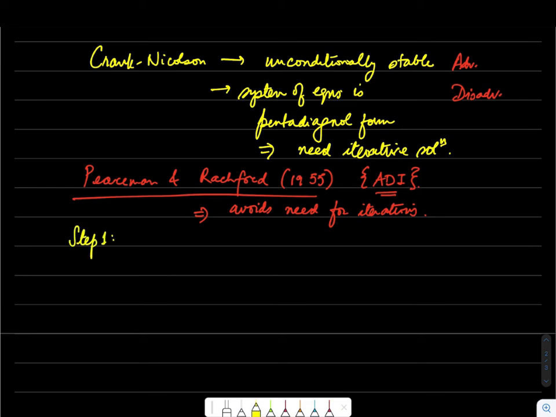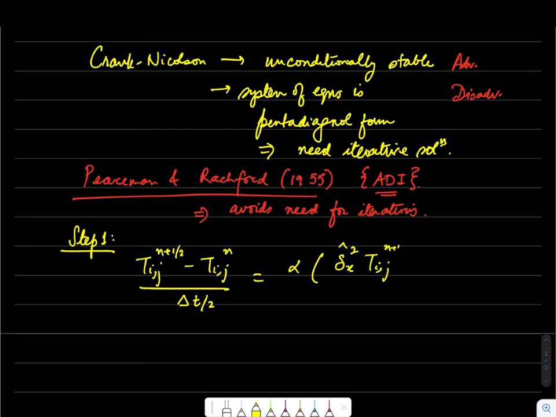Step 1 is that we march the temperature field only half a time step. So we would say T i j at n plus half minus T i j at n by delta t by 2 is alpha times del hat x square T i j n plus half plus del hat y square T i j at n.